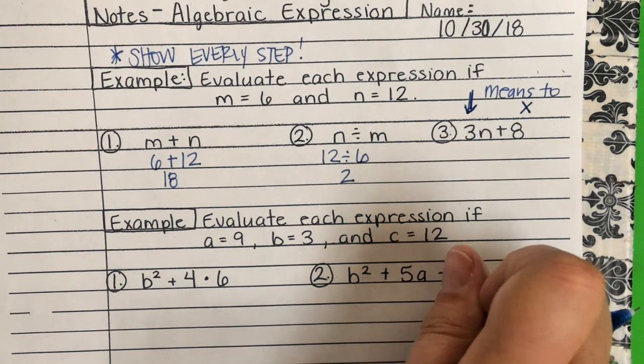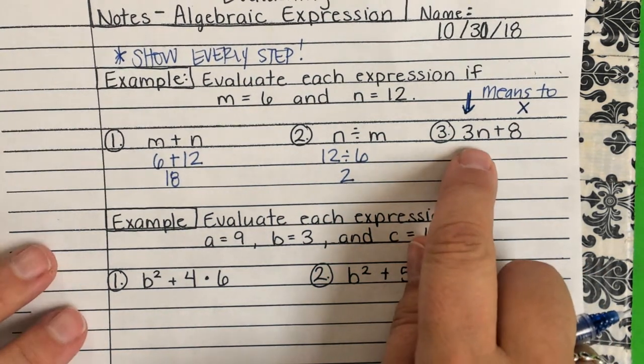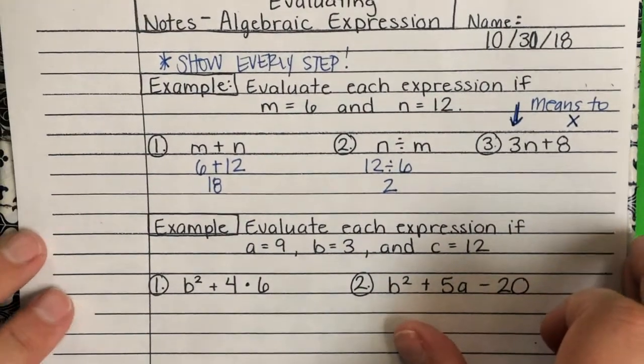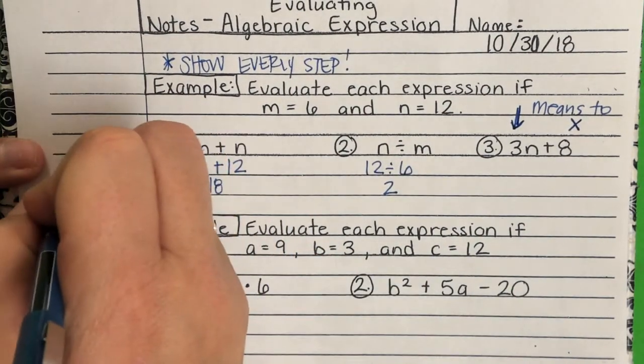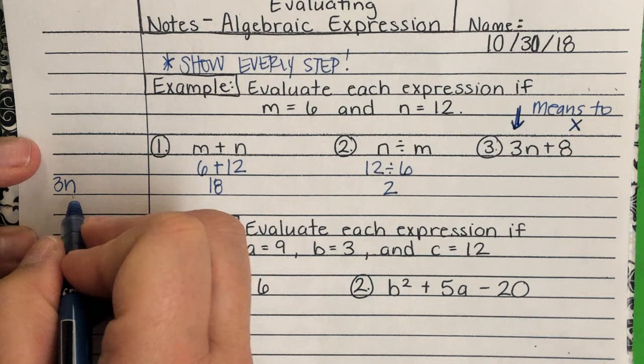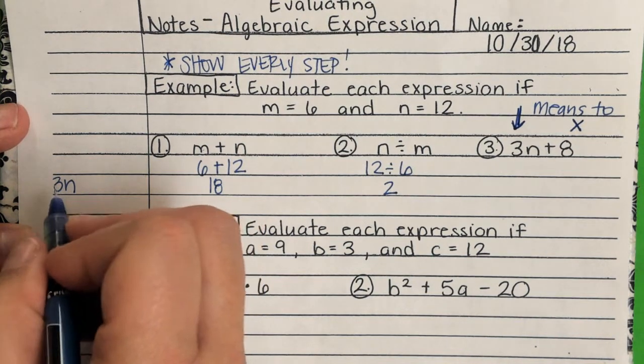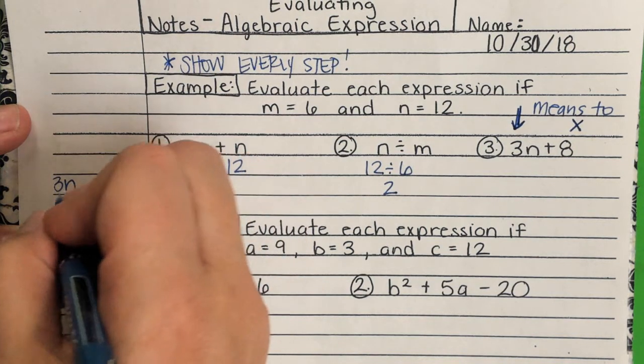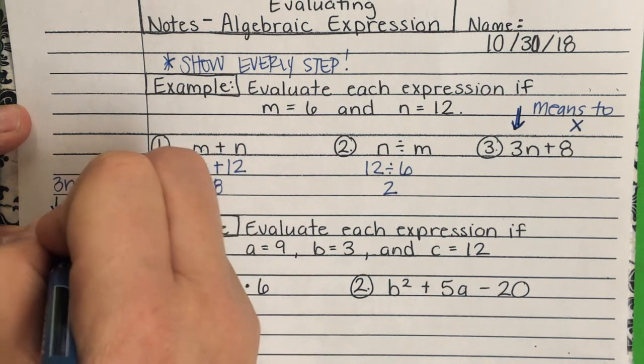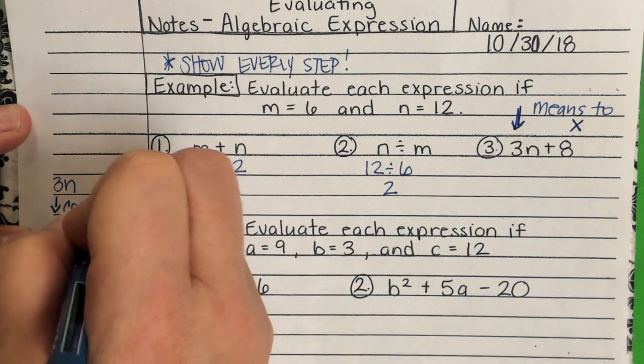Okay? Here's another word I want to give you for today. And we can come over here to the side. If we have 3n, okay, n is called our what? Variable. So the number right next to a variable, this is a fancy word, it's called coefficient.